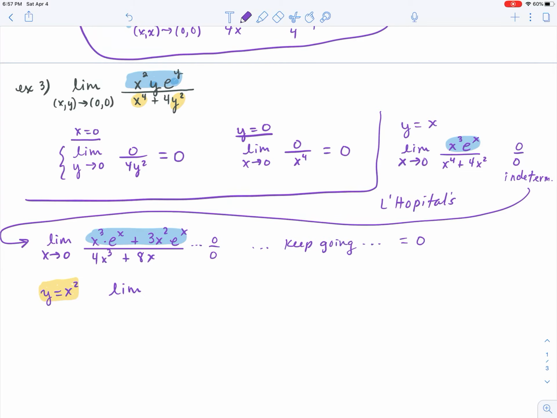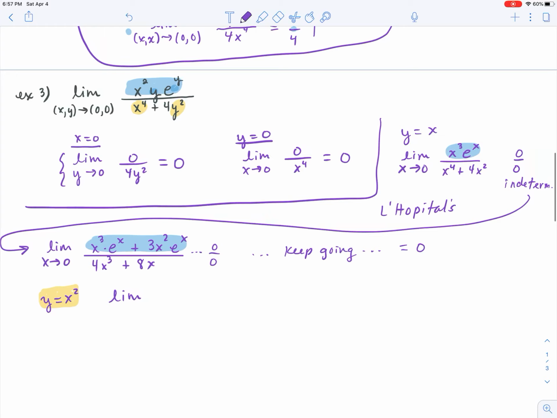We've got the limit as we're going to change everything to x, so x will approach 0. Remember, we're replacing y with x squared, so we're going to have x to the fourth e to the x squared over x to the fourth plus 4x to the fourth, so that will be 5x to the fourth.